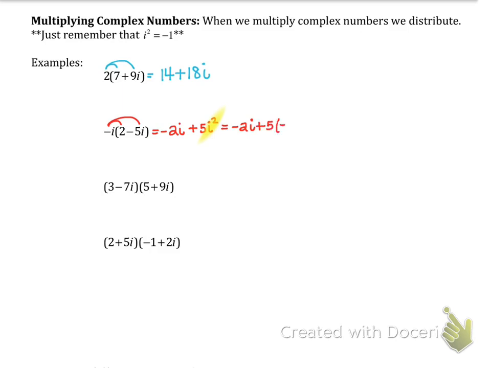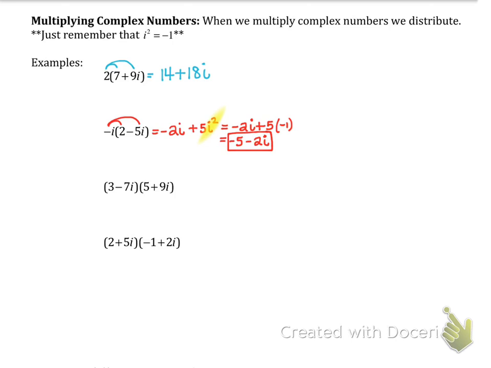So it becomes 5 times -1. And the answer, that becomes -5. And if you looked at the beginning, the real part goes in front. So now all of a sudden I have to switch the order. And I have -5 minus 2i as my final answer. So we had an I with an exponent greater than 1, so it converted into a numerical value of -1, and now our final answer is what we want it to look like.